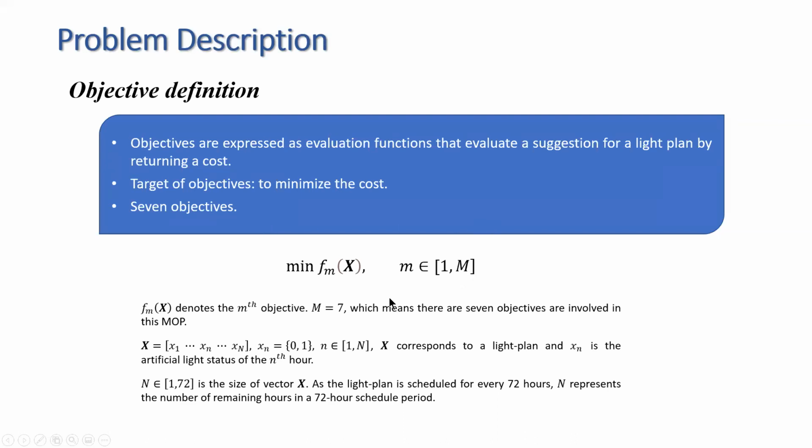And the target of such objectives is to minimize the cost of individual objectives. So in this equation, this F represents the evaluation functions, and the subscript m is the index of the objectives. And this X is the vector of light plan. So the size of it is 72, represents the 72 hours.